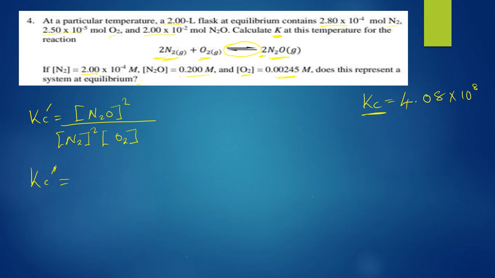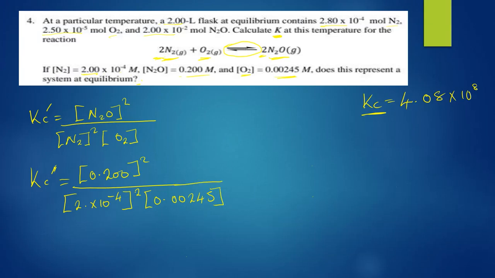For nitrogen oxide, the concentration has been given, which is 0.200, and this will be raised to power 2, and then over we are having nitrogen, which is 2 times 10 to the power negative 4. Then this also must be raised to power 2, sorry. And then for oxygen, the concentration given is 0.00245, to tell if this system is at equilibrium.